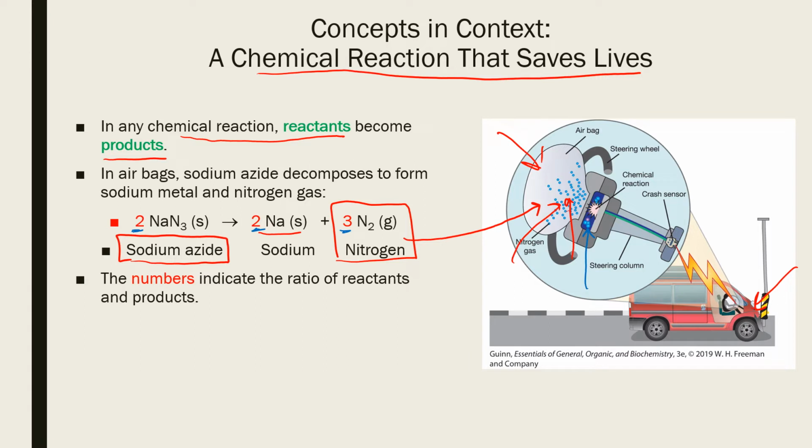However, if we use too much sodium azide, then the explosion will be too large and may hurt the passenger. So it's extremely critical for engineers to come up with the correct amount of reactants.